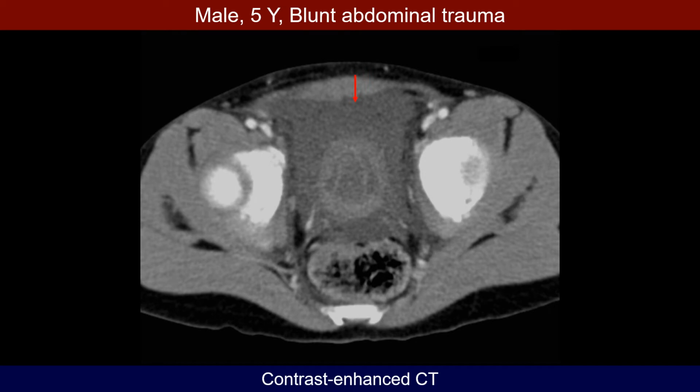The second location intraperitoneal fluid cannot reach is the space between the urinary bladder and the lowermost part of the anterior abdominal wall and the symphysis pubis. This is the space of Retzius, and this is also typical for extraperitoneal urine extravasation.